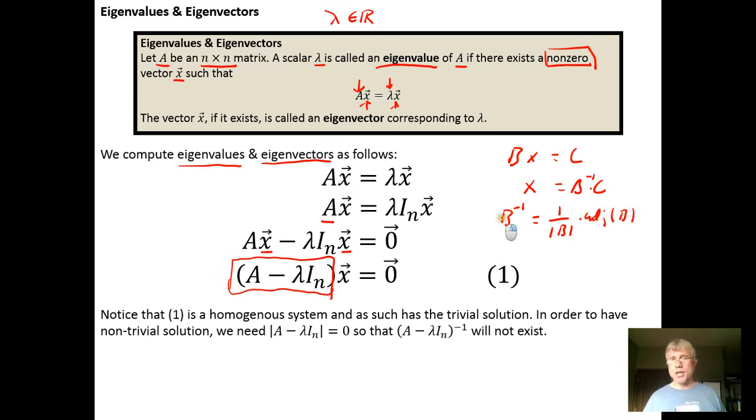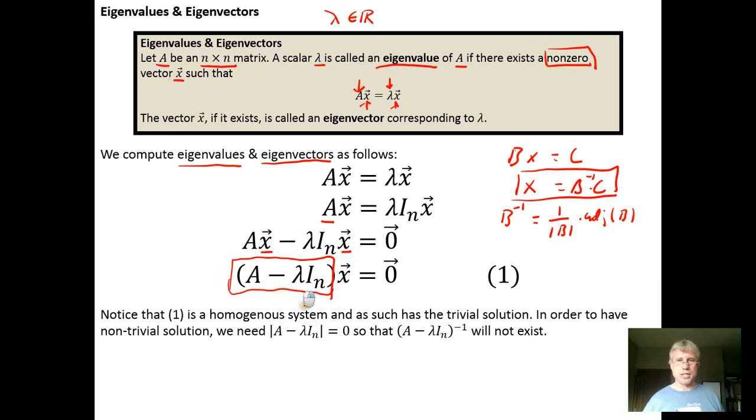The way you get the inverse to not exist is you want the determinant of B to be equal to 0, so that we get a division by 0 in this formula, which causes this ratio to be undefined, meaning B inverse doesn't exist. And if B inverse doesn't exist, we can't isolate x. Since the trivial solution exists, we know there must be infinitely many solutions.